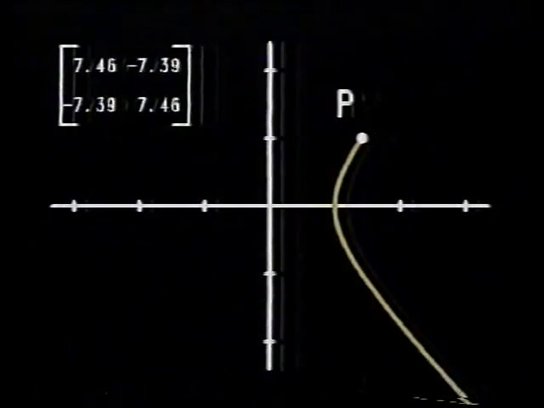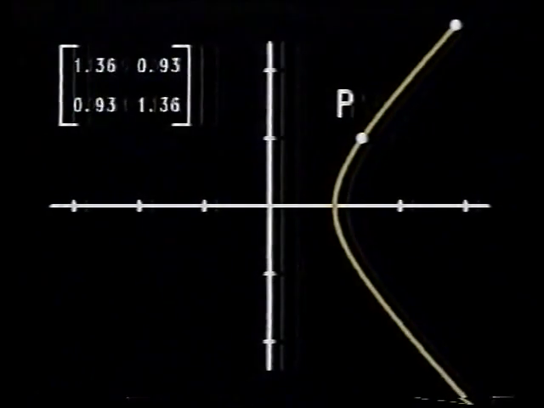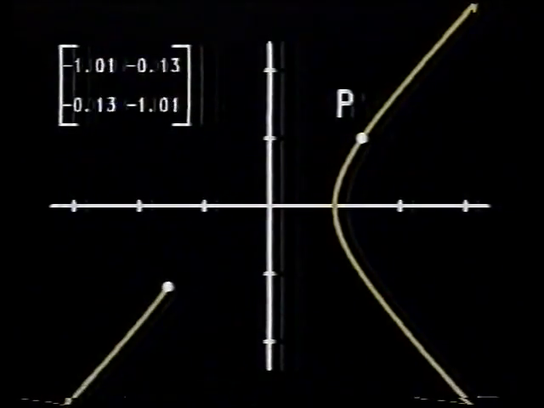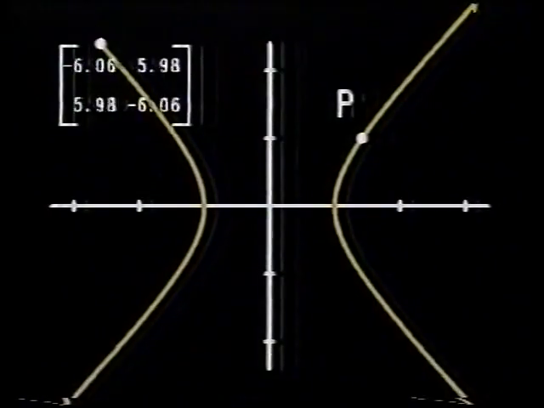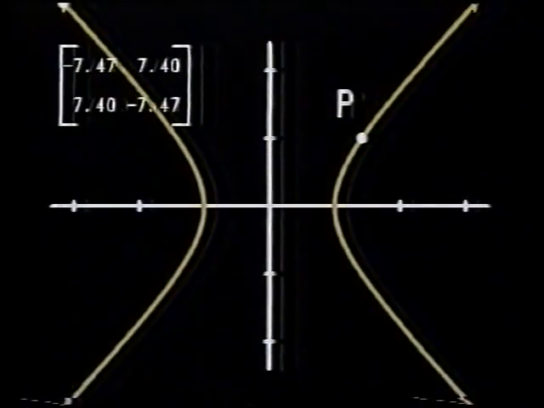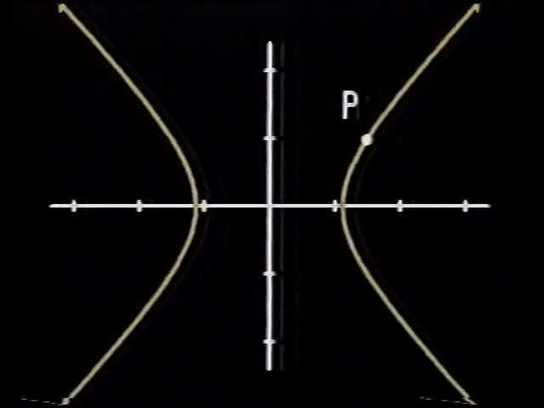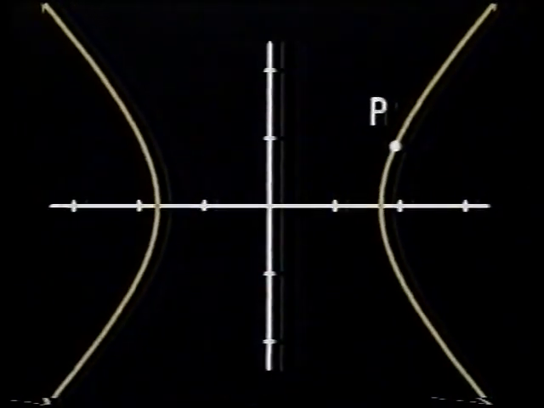Once again, we're looking at points in the plane to which you can map a given point using matrices in a certain set. This point P is related to all these points. But it's also related to all these points as well. If the starting point is in a different position, you'll get a different set of points in the plane.